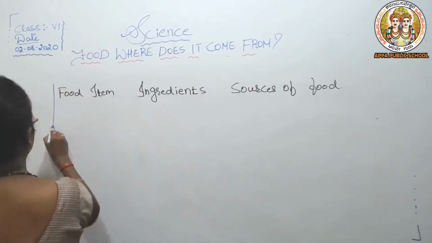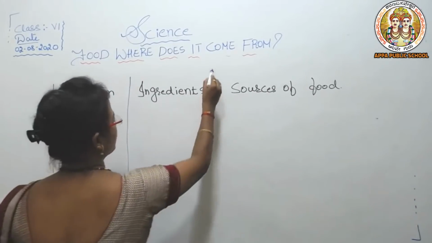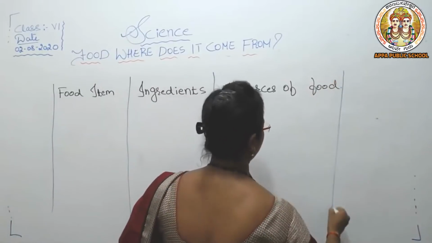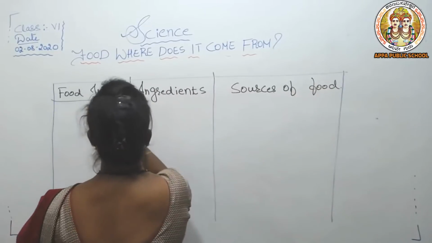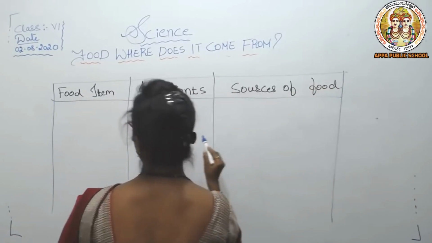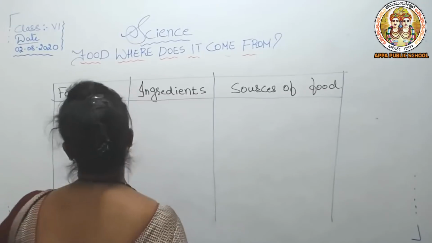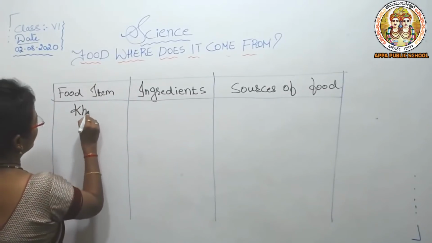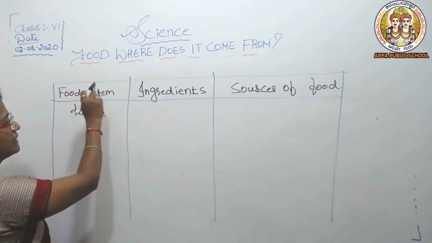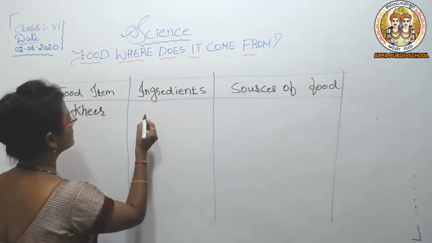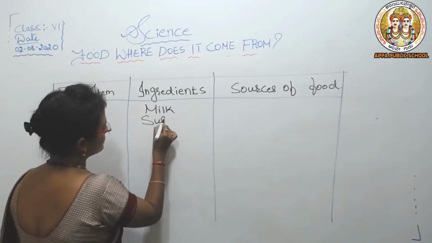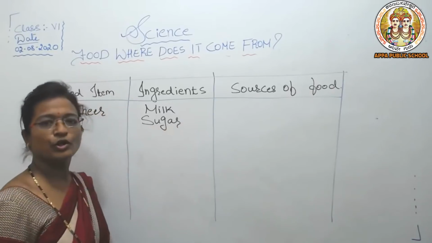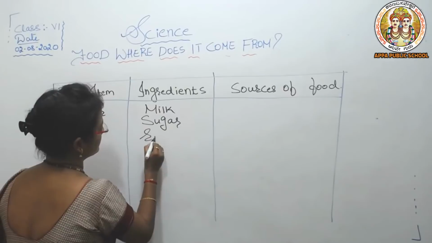So this is one small table. As I said before, which food item? We will take kheer. The ingredients we used are milk, sugar, and a small quantity of rice.